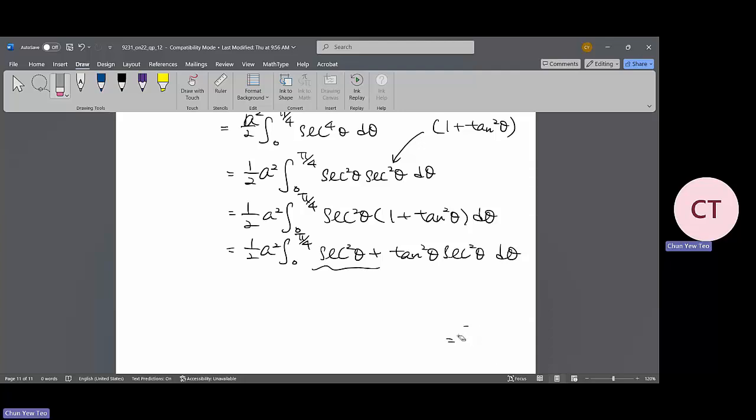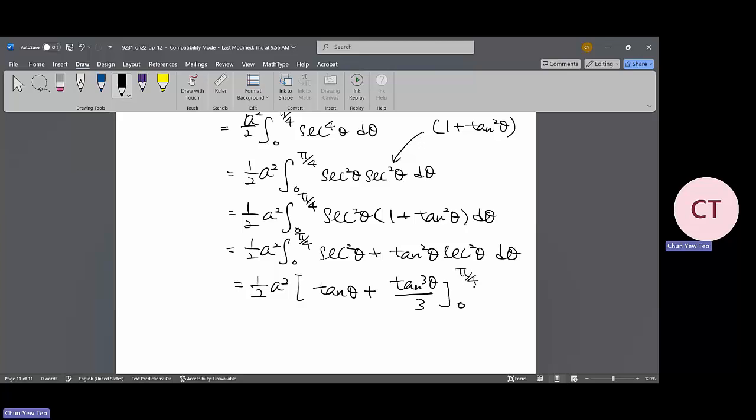Most of the time for integrations, we very much depend on our experience. We need to practice a lot, then only can we see or have the idea of how to integrate it. So sec squared integrates to tan, and this one is tan cubed theta over 3. Direct integration will do; there's no step in between.